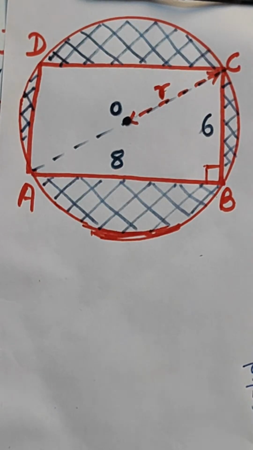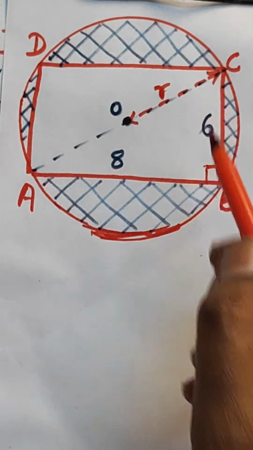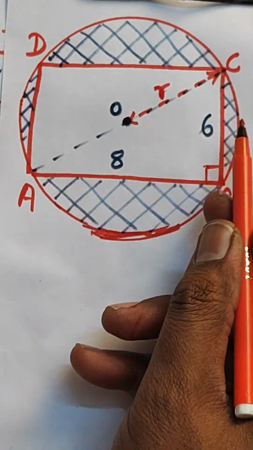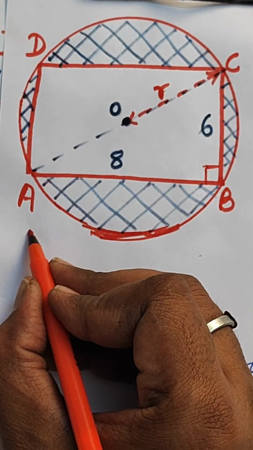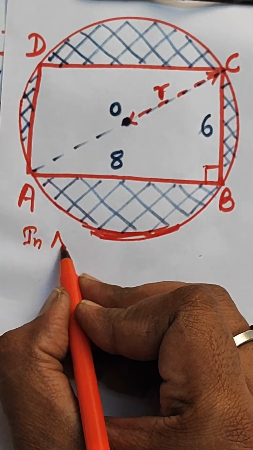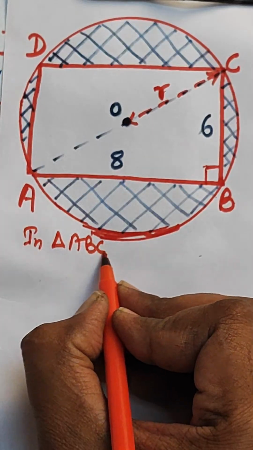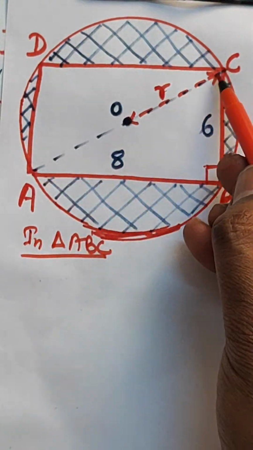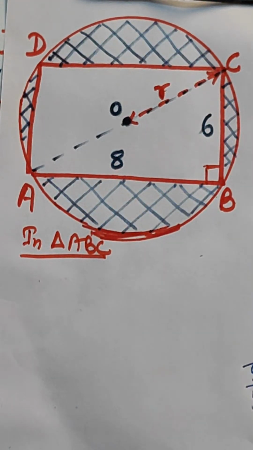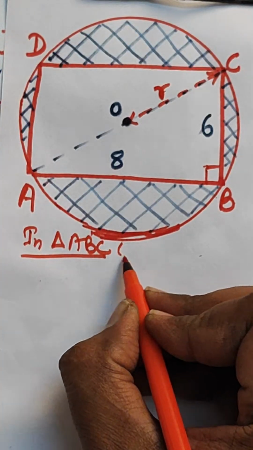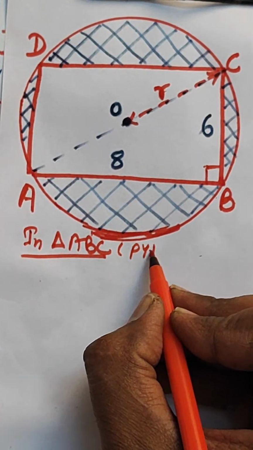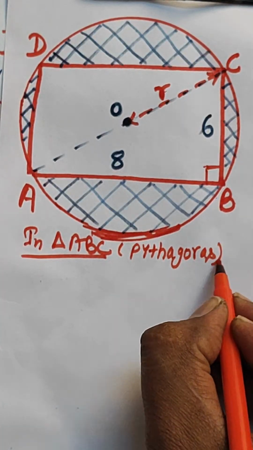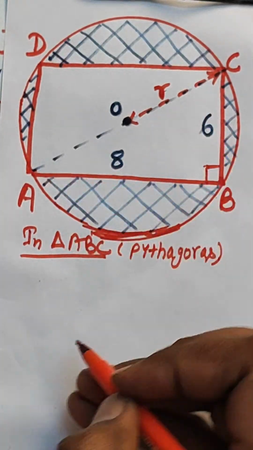So we can say that in triangle ABC, by applying the Pythagoras theorem, we calculate the length of AC, right? By applying the Pythagoras we can calculate the length of AC.